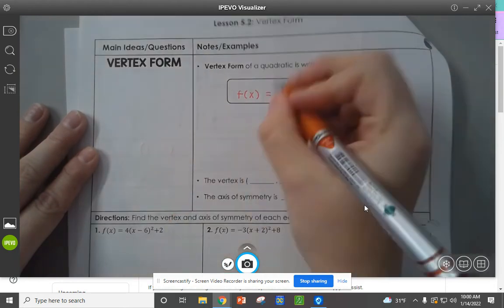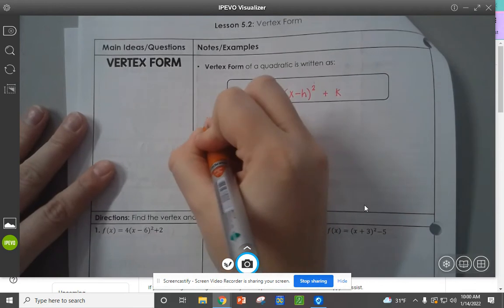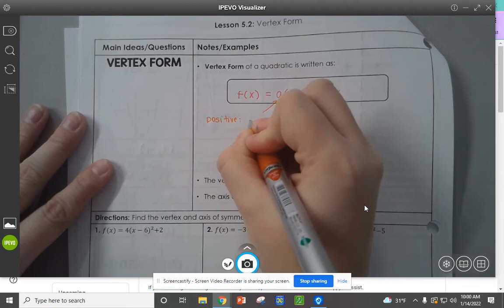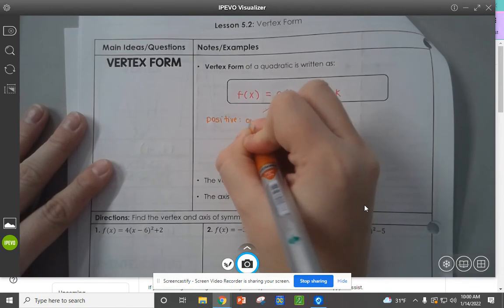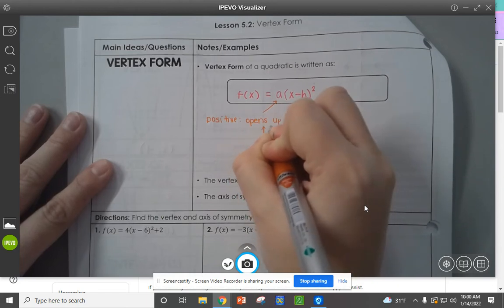But the thing that you do need to know is that if it's positive, that means that the parabola opens up, like this.